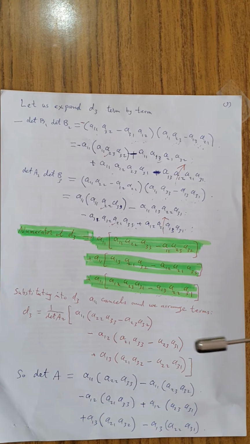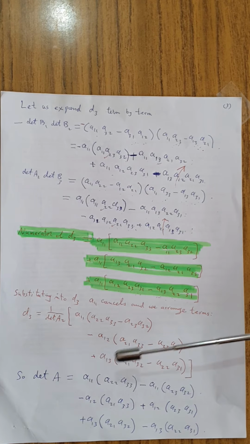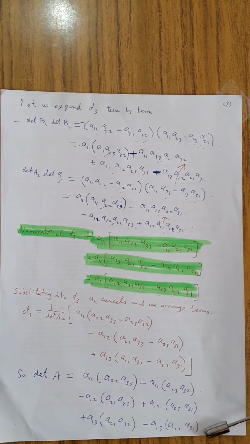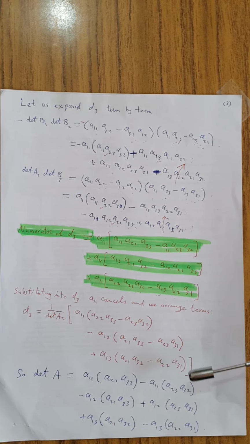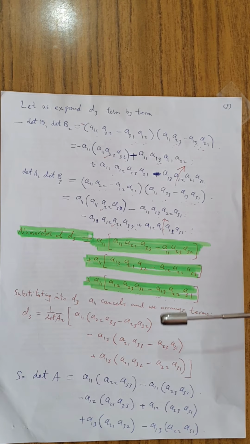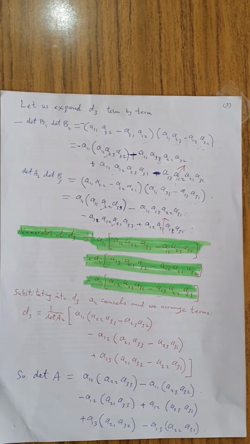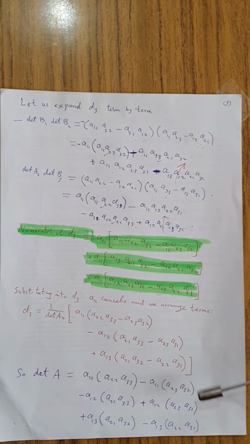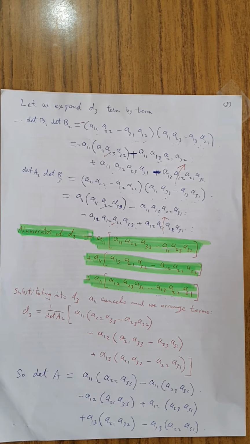Note here that those terms have the first index in the order 1, 2, 3. All 6 terms have this for the first index. But for the second index, we do not have this order. The first term had 1, 2, 3, but the second one was 1, 3, 2 for the second column.